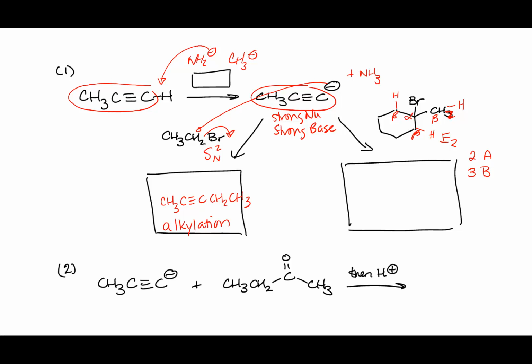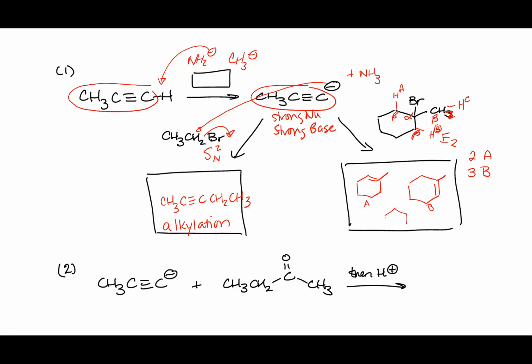Okay, so I see mostly A's, but I do see some B's. So let's write the different products that we can get, and the question is how many of them are unique. So let's call this A, let's call this B, and let's call this C. So it looks like that would be if I lost hydrogen A. That would be if I lost hydrogen B, which is down here.